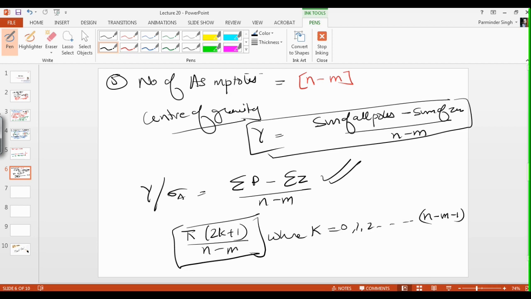Now suppose n minus m is 3, so k will vary from 0, 1 and 2. The first time we put k equal to 0, the second time k equal to 1, the third time k equal to 2. So the angles will be what? n minus m is 3, so one will be pi by 3, the other one will be pi, the third one will be 5 pi by 3. Clear? So this is what it is about number of asymptotes.